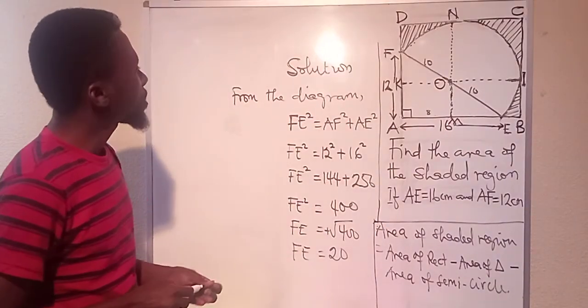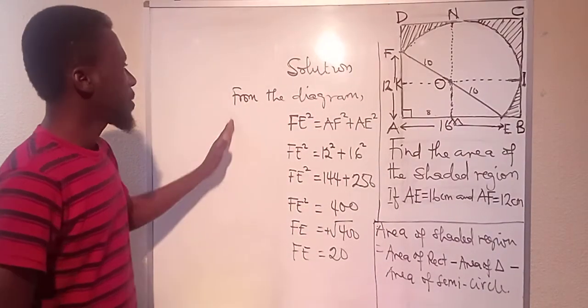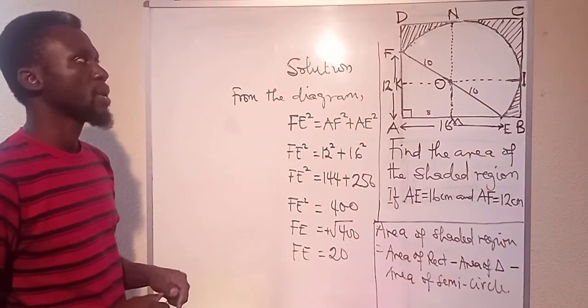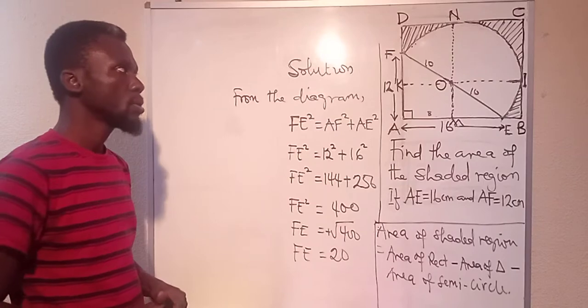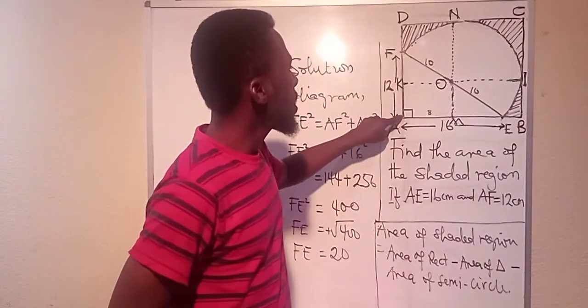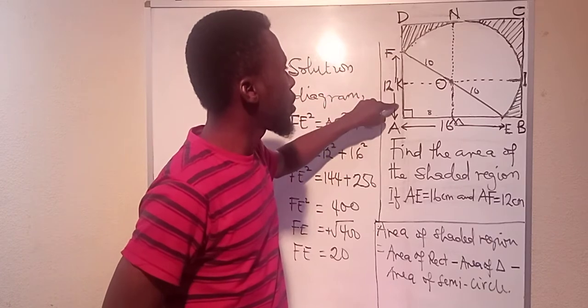If that is what we're saying, then let's make use of this space over here. How are we going to find the dimensions of the rectangle? Now let's come here. We can see that A to F is equal to 12.